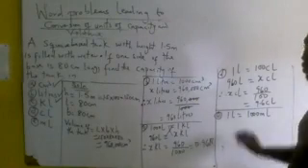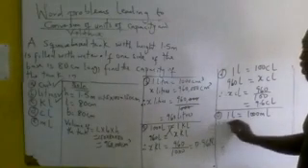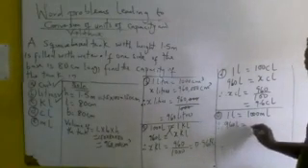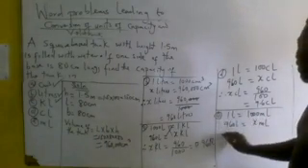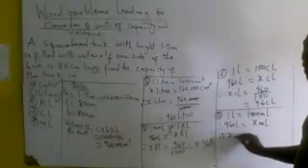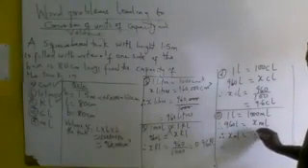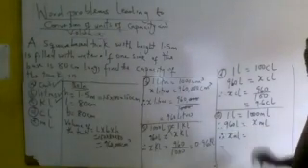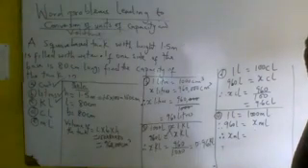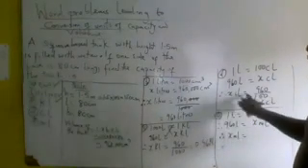So 960 liters is equal to X milliliters.